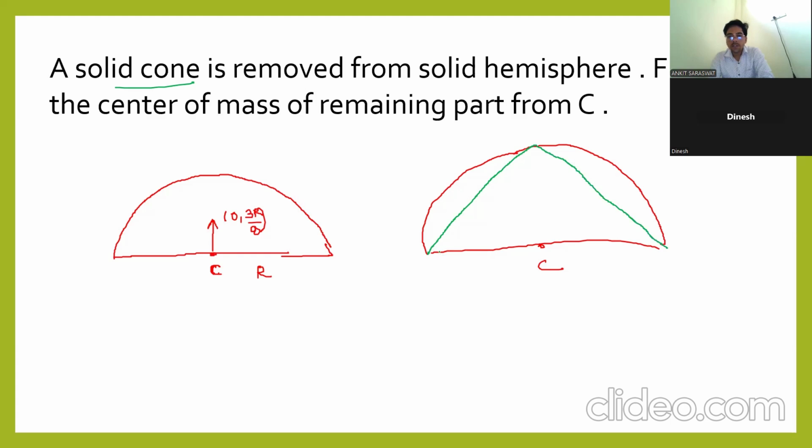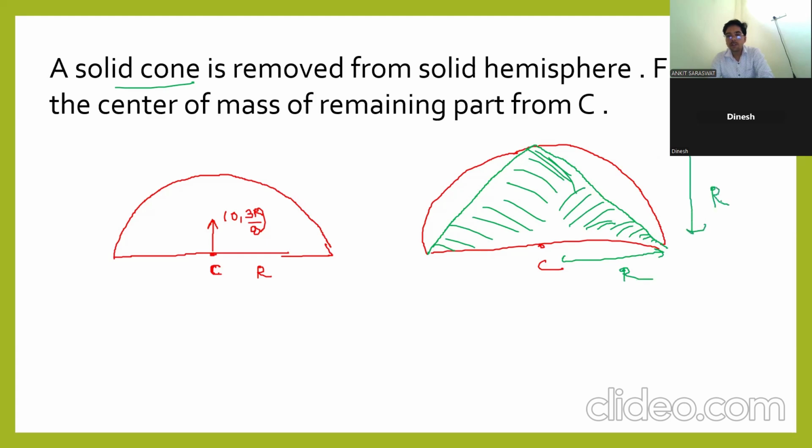This portion they have cut, a solid cone. For this solid cone, the radius is still r. What is the height of the cone? R. This is the concept. When you remove this cone, finally what are you getting? The shape will be like this.